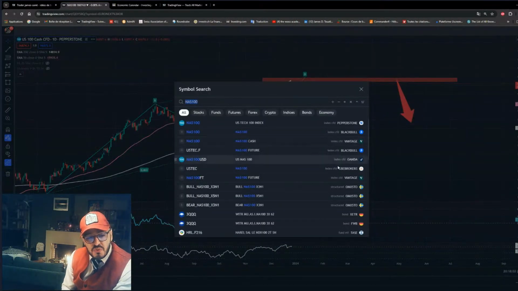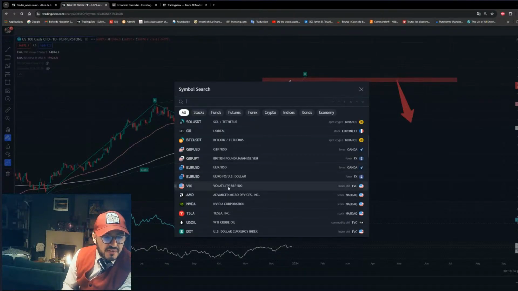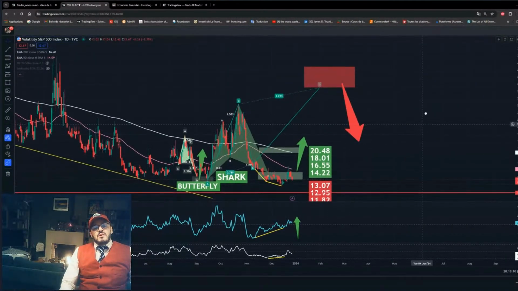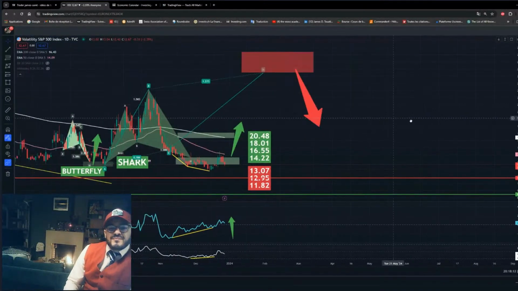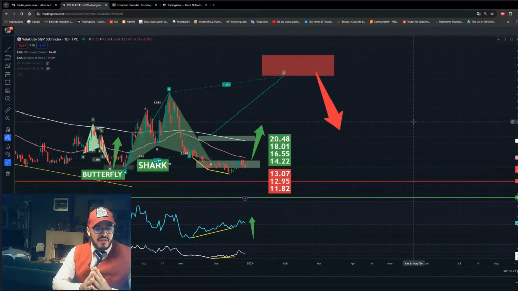Now we are going to speak about the VIX SP 500. It's very important. Why? Because as I always say, volatility really deserves its name. It's very volatile.